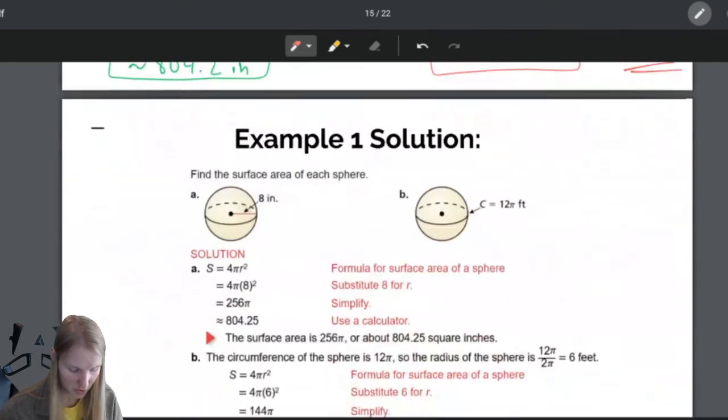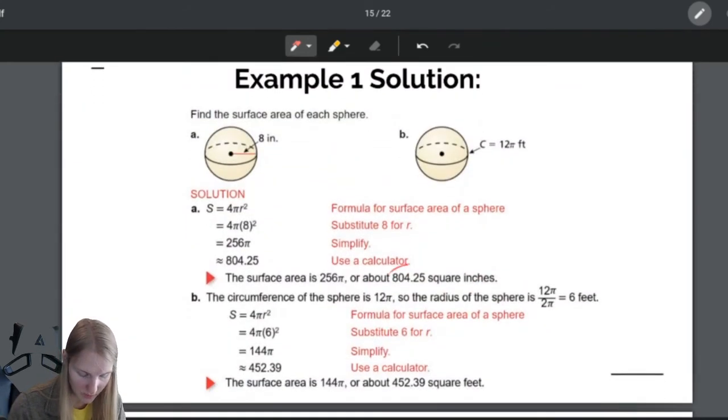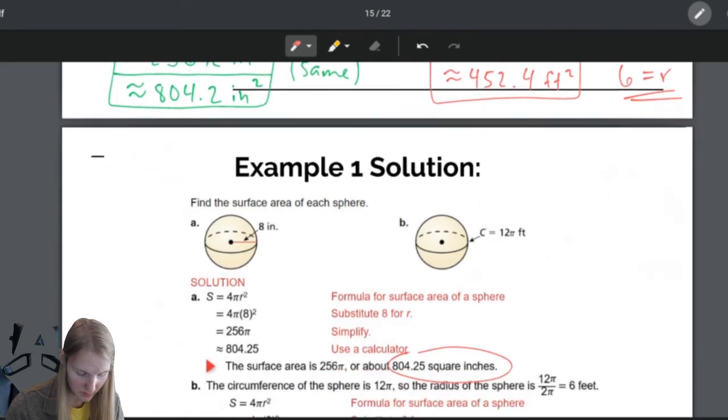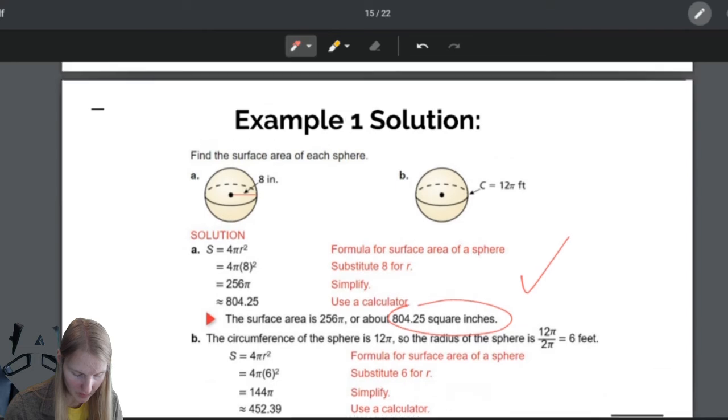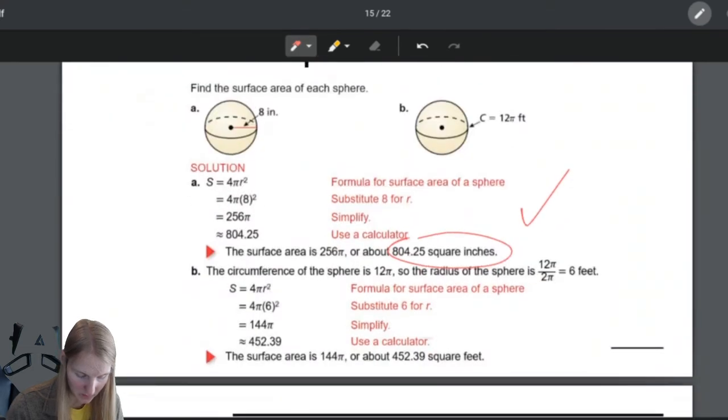Okay, let's check our answer. 804 inches squared, beautiful, and 452.4 feet squared. Booyah.